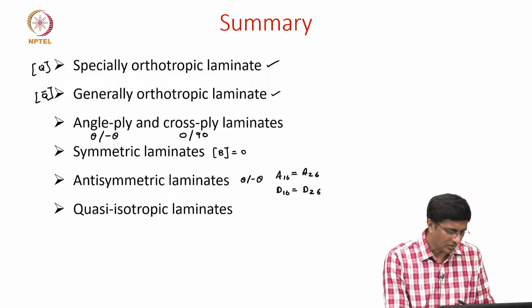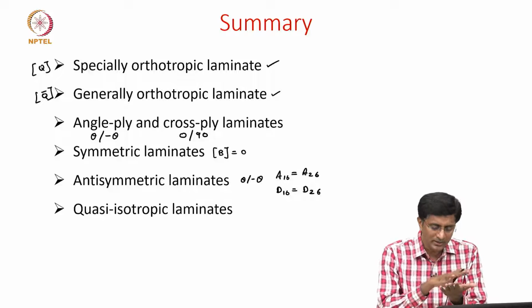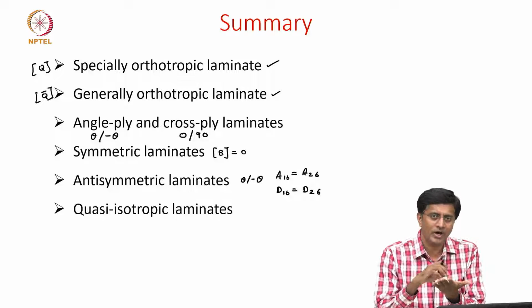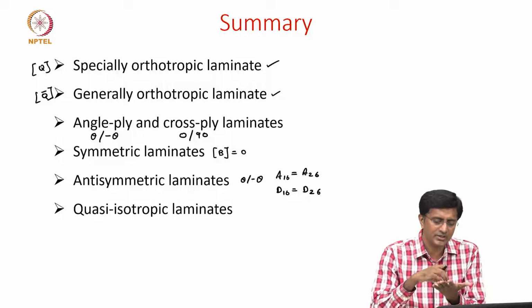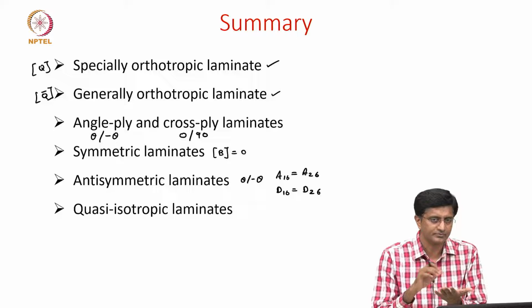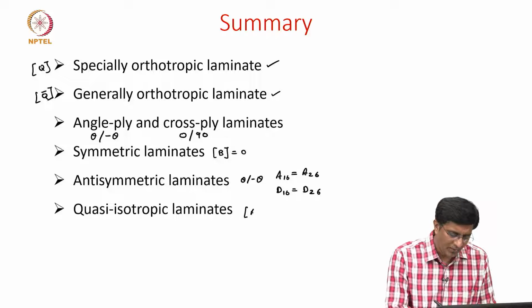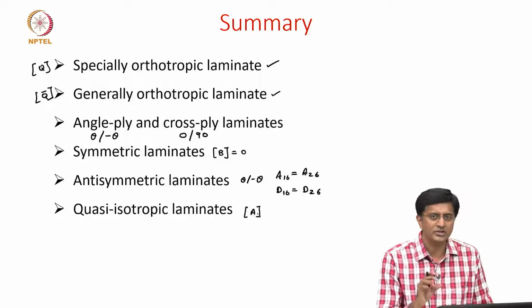And lastly, we also discussed the quasi-isotropic laminate, where in the plane of the laminate we have isotropic properties, meaning the stiffness is the same in all directions in the plane, which also means that the A matrix takes the form of an isotropic material. But we cannot comment on the B and D matrices, they can have any other form.